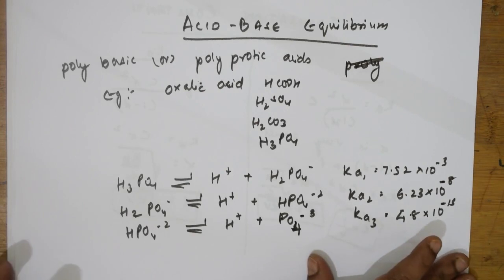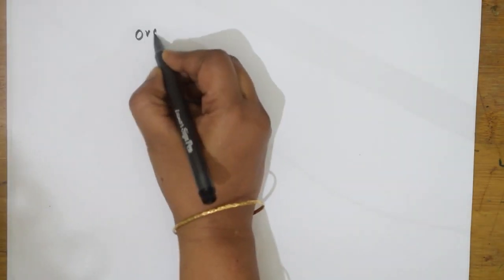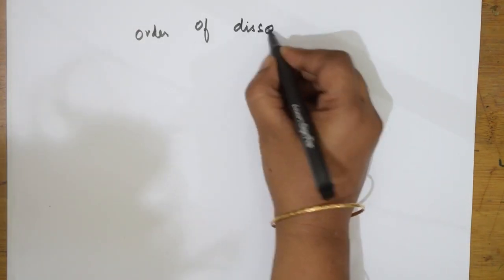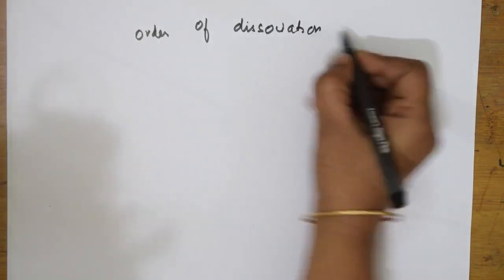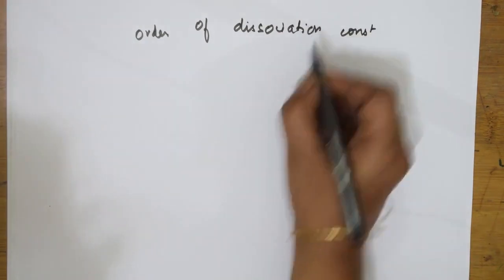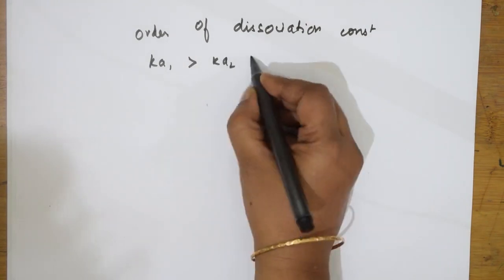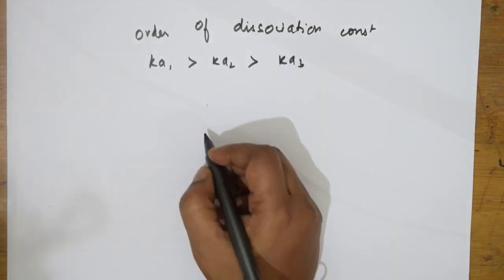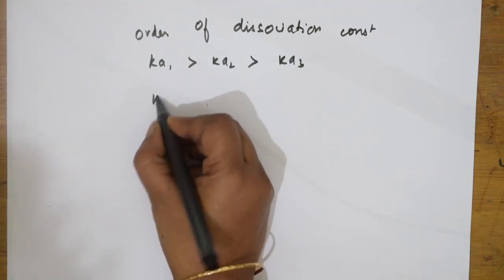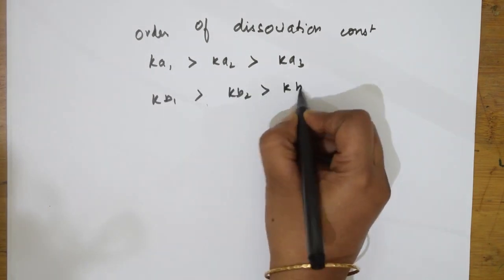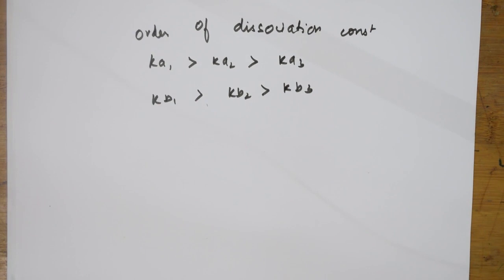Now if I have to take the order of dissociation constant, what is that? Ka1 is always greater than Ka2, which is greater than Ka3. If I take a base, Kb1 is greater than Kb2, greater than Kb3. That's it. It goes on however many times till it dissociates.